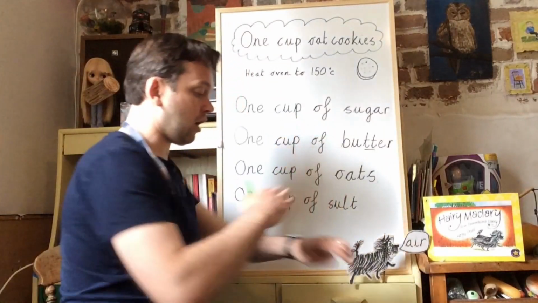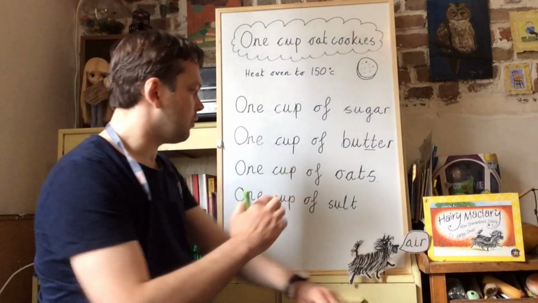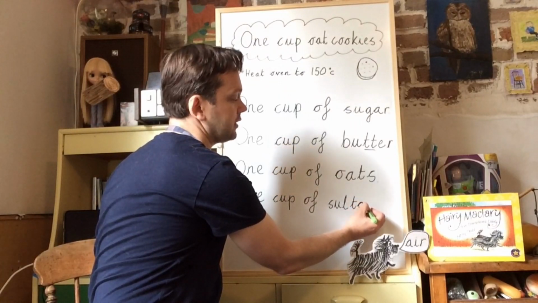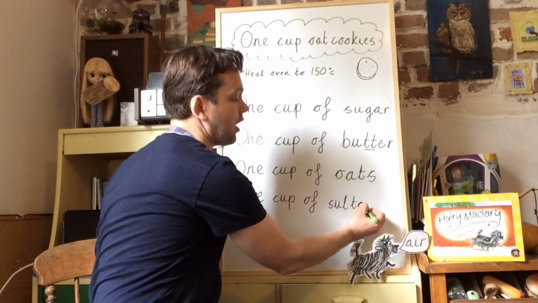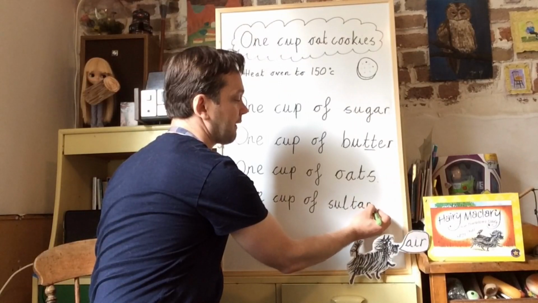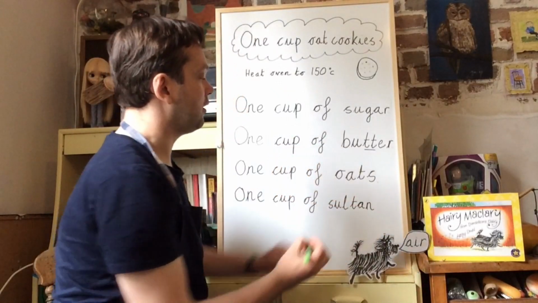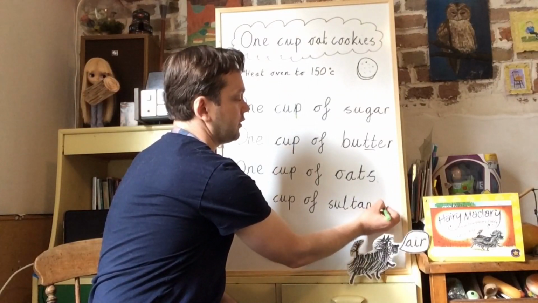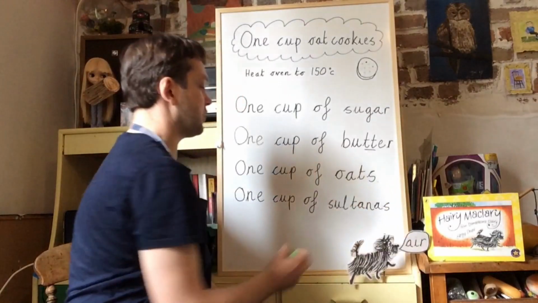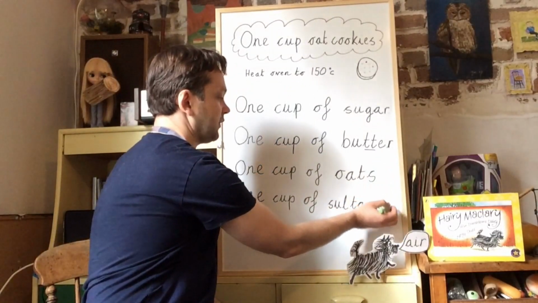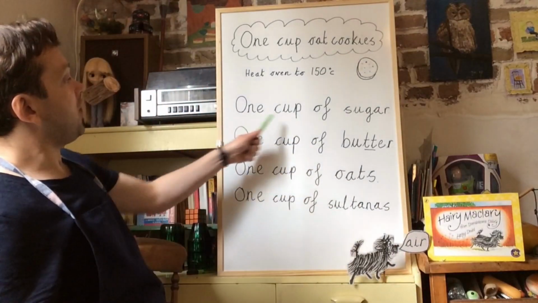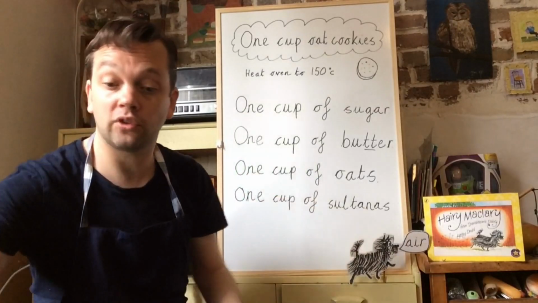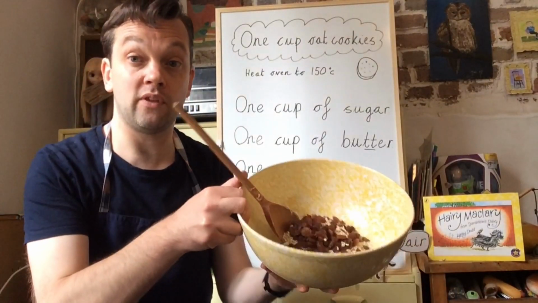Well, actually, it's not R, that's A, isn't it? But it's the letter A. Sultanas, you could say, but it's actually sultanas. It's a bit of a tricky spelling. Sultanas. Full stop. So 1 cup of sugar, 1 cup of butter, 1 cup of oats, 1 cup of sultanas. They're all in the bowl.